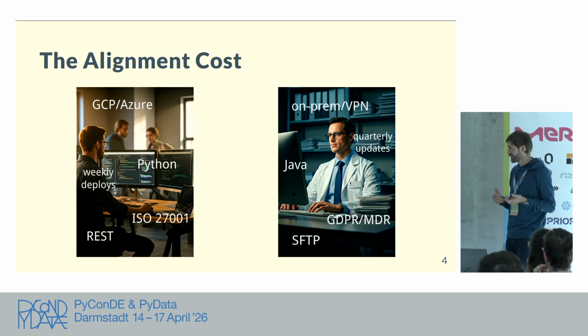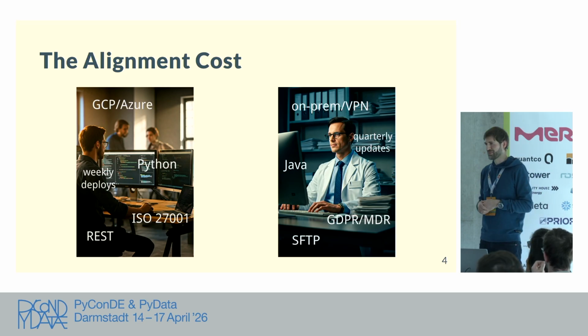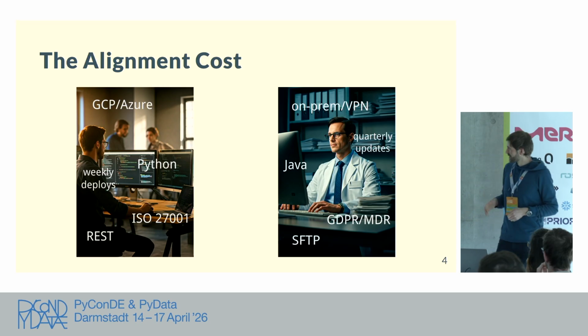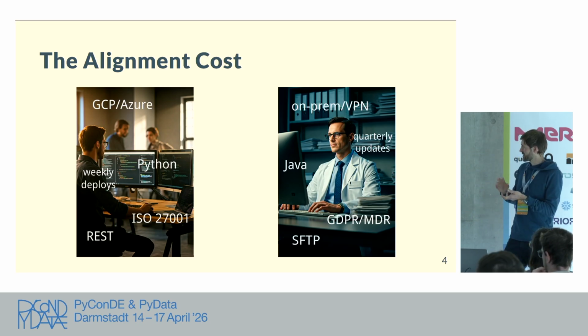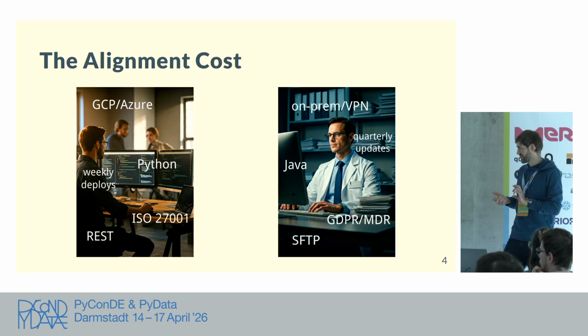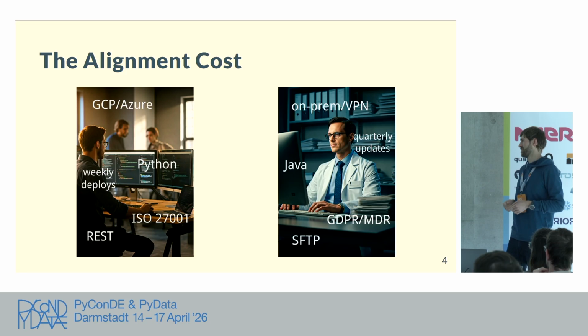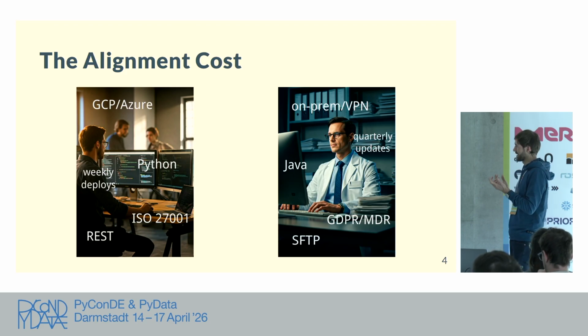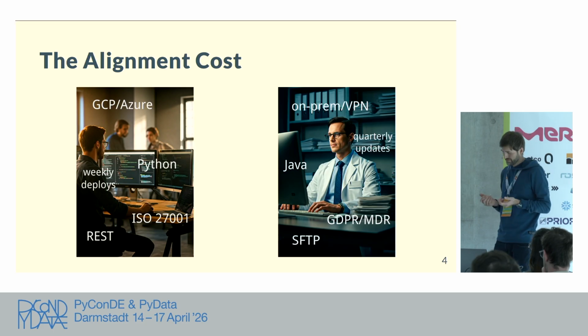They find the lowest common denominator, which is usually copying CSV files, if you remember maybe. But there is also an alignment cost when it comes to the organization. Each company works differently, and you have to have meeting calls and so on. So the question is, can we make it any better for organizations, with what we have?